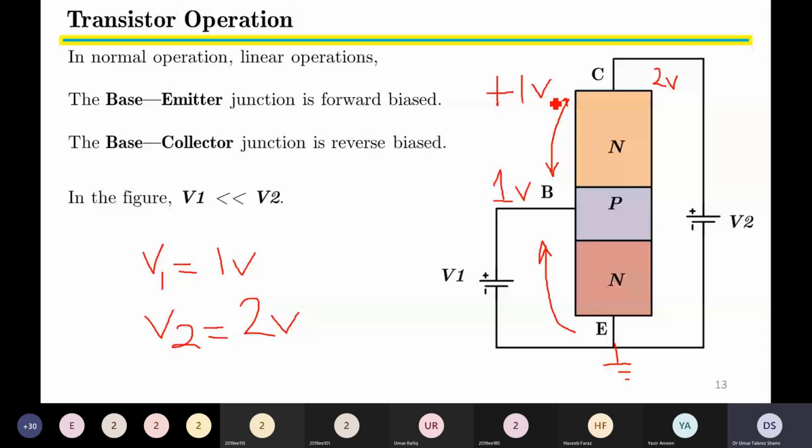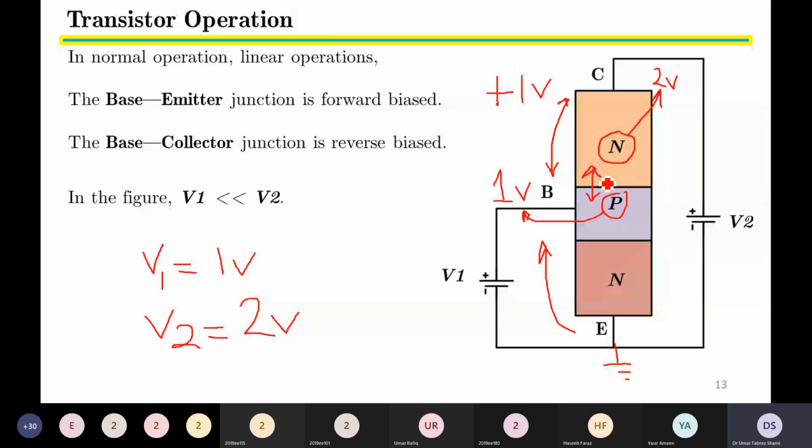The N-type material is at a higher voltage. Our N-type material of the collector is at 2 volts, whereas the P-type material of the base is at 1 volt. Therefore, the second PN junction, the PN junction between the base and collector, is reverse biased.